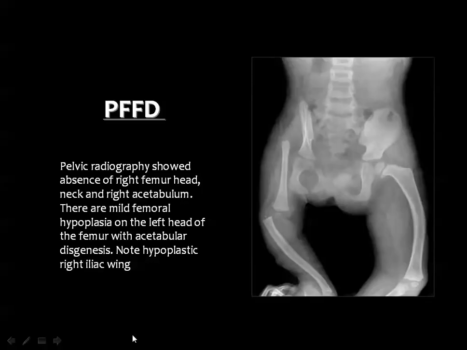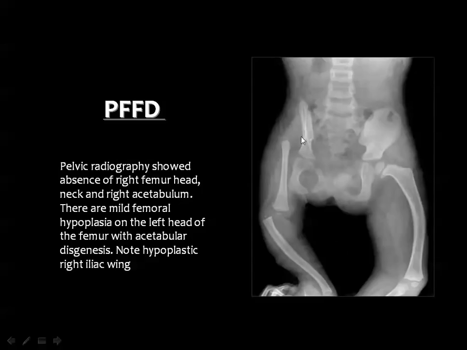Sometimes you will be confronted by a patient having proximal femoral deficiency syndrome, and the changes cannot fit with any of the previously mentioned classes. Then you just mention that this is a proximal femoral deficiency syndrome, and you mention the findings.